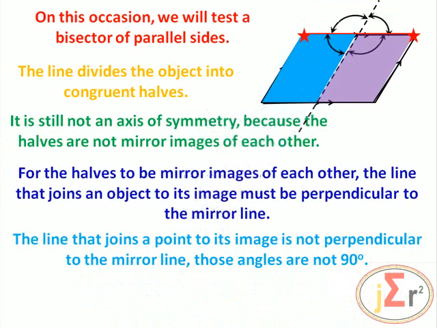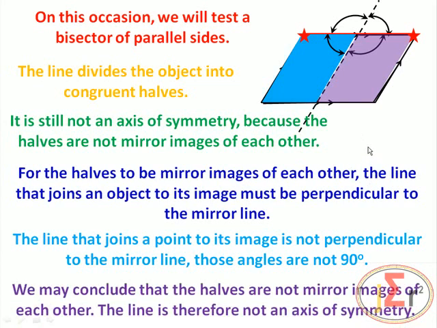All of these angles are not right angles, so this is not perpendicular to the dividing line. Therefore, the dividing line is not an axis of symmetry. We may conclude that the halves are not mirror images of each other. The line is therefore not a line or axis of symmetry.